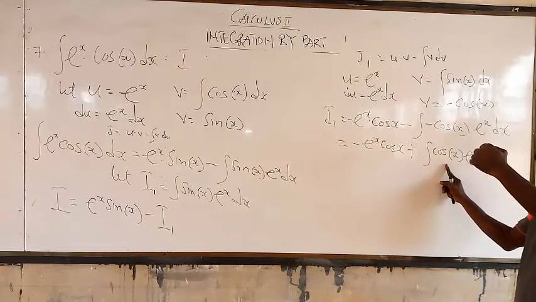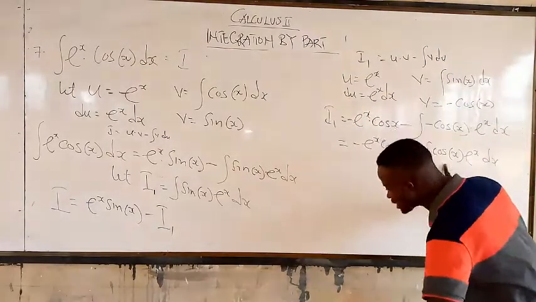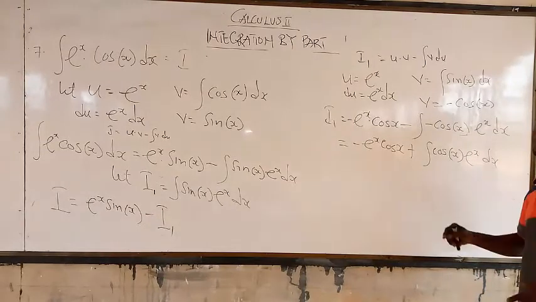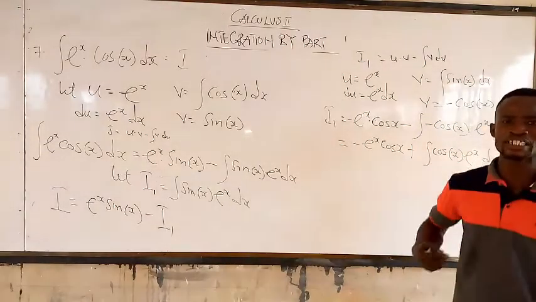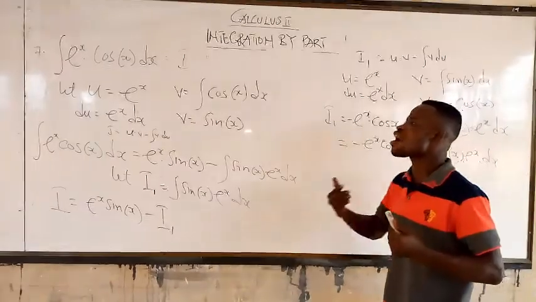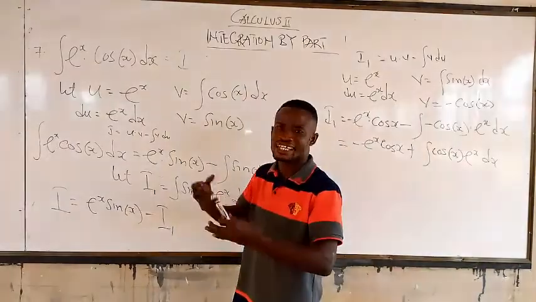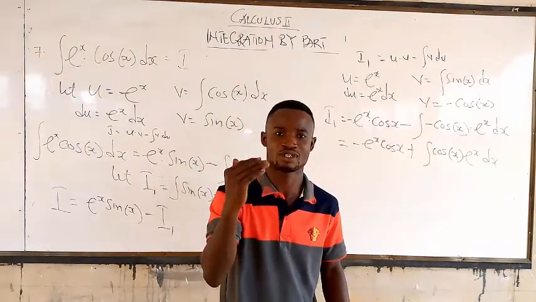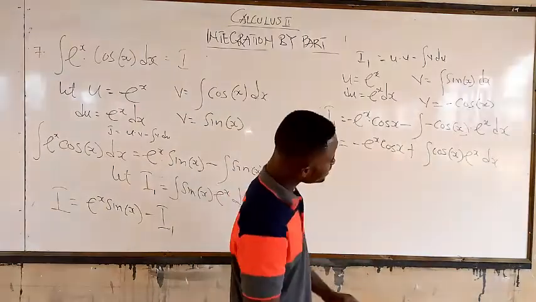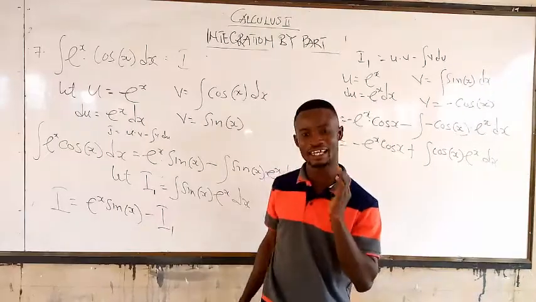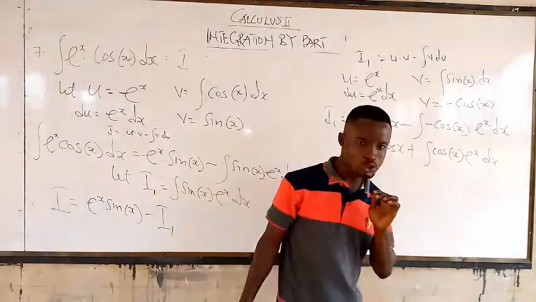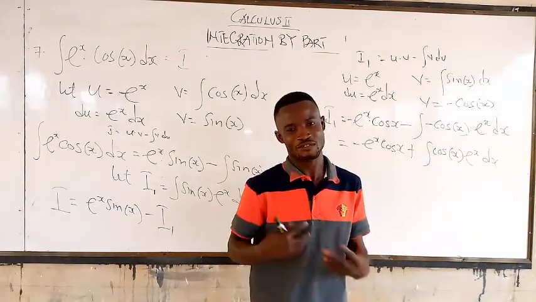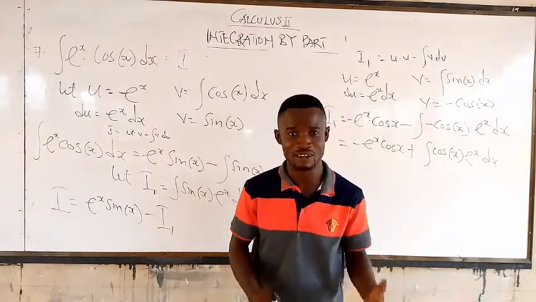If you go for the fourth, you get cos. In fact, e raised to the power s will also be repeating, because no matter what strategy you use to differentiate your u, it will still be e raised to the power s. And no matter how you integrate cos or sine, it will still be its friend. What is the friend of cos? Sine. What is the friend of sine? Cos.